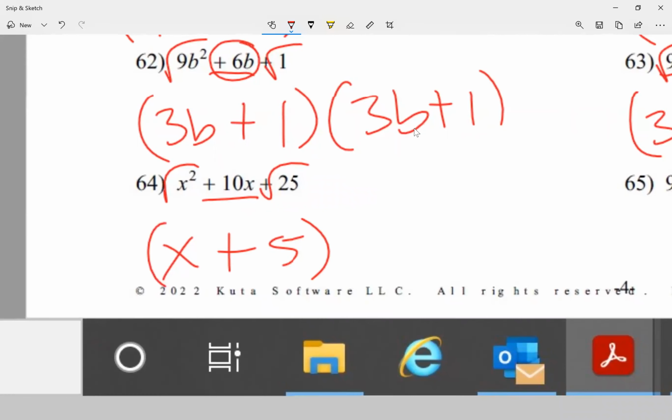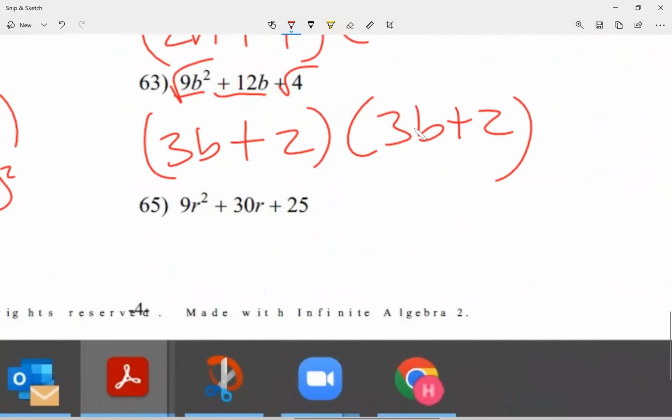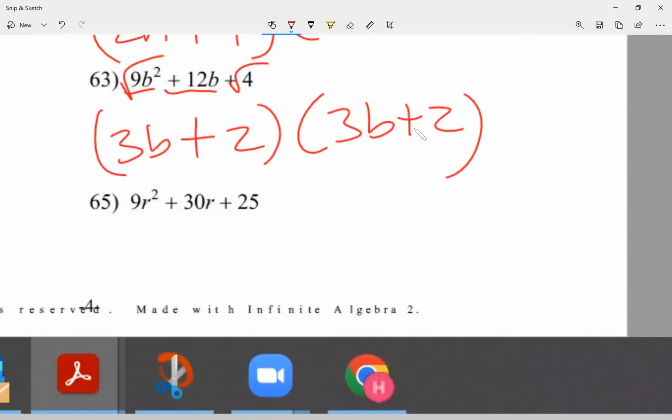So I'm going to have x plus 5 twice. Sometimes they even write this as x plus 5 squared, which means x plus 5 twice. But because of the exponent, let's just type x plus 5 twice. Don't forget the parentheses.